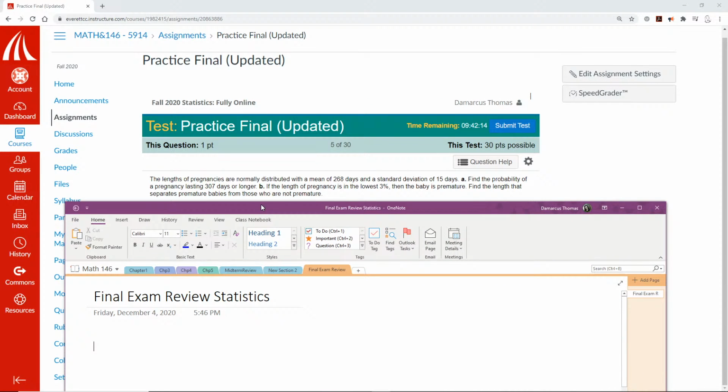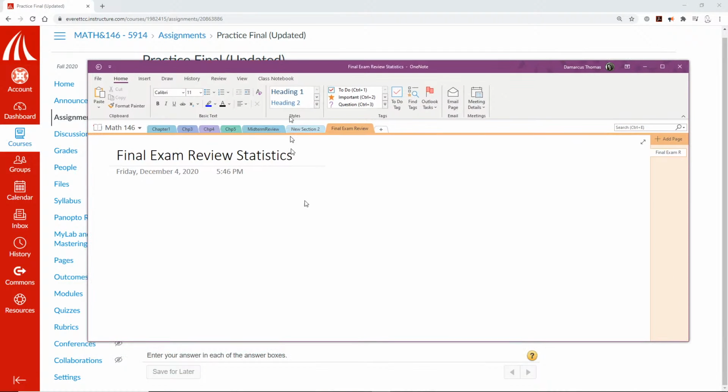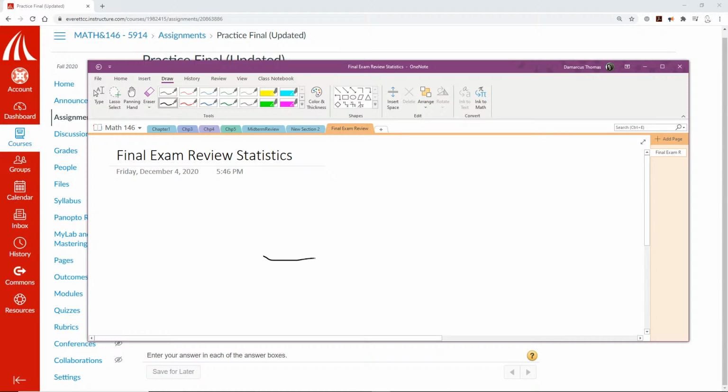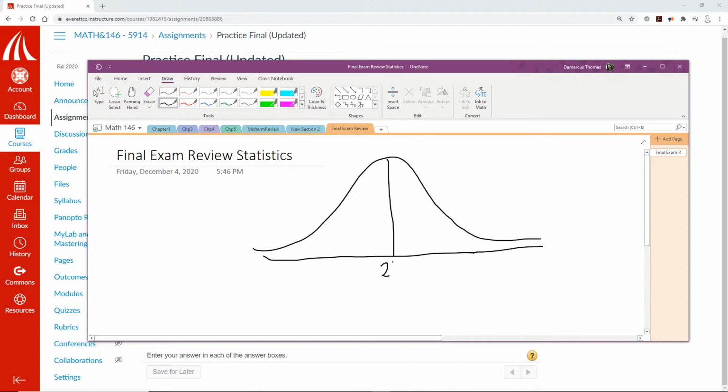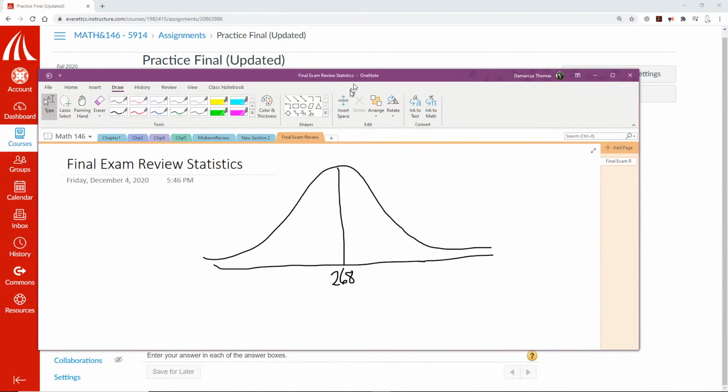The lengths of pregnancies are normally distributed with a mean of 268 days, and I'm assuming that that's accurate. I'm assuming this is like 9 months, right? Very close to 9 months.